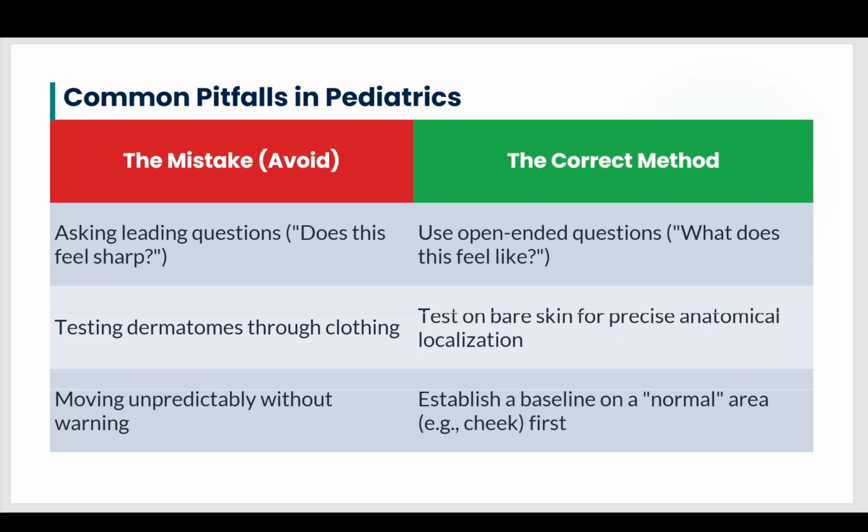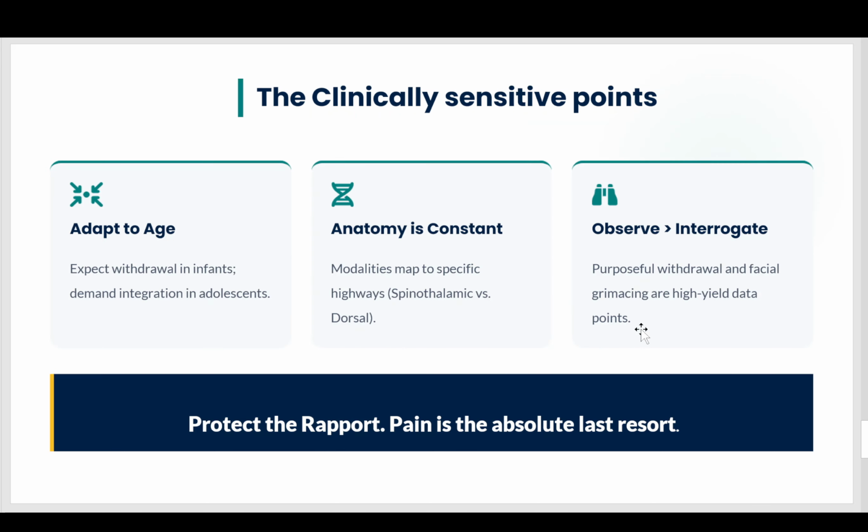The anatomy remains constant throughout the ages, so we can test the spinothalamic and dorsal tracts the same way as in adults, and we should always keep the facial responses in mind in our interpretation so that we don't confuse spinal reflexes with the sensory stimulus. It is very important that we avoid giving a painful stimulus to a very small child or a toddler, and we should try to maintain and protect our rapport with the child.